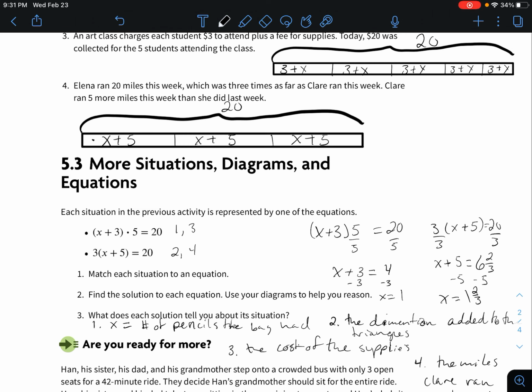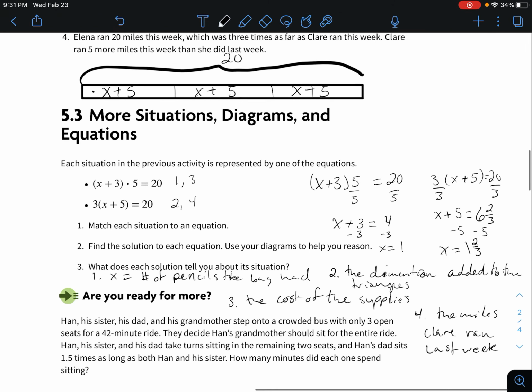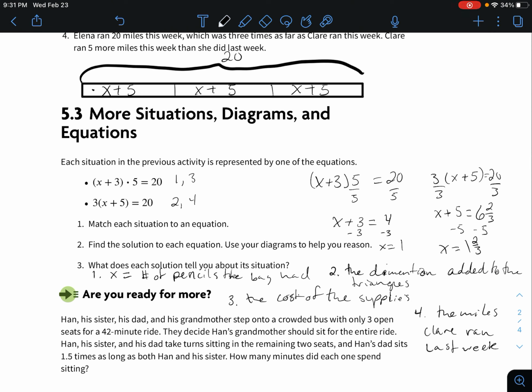Okay, so that's solving the variables. Once again, it wants to know what the X represents. In the first one, X was the number of pencils in each bag at the beginning. On the second one, it was the dimension that each side of the triangle increased by.